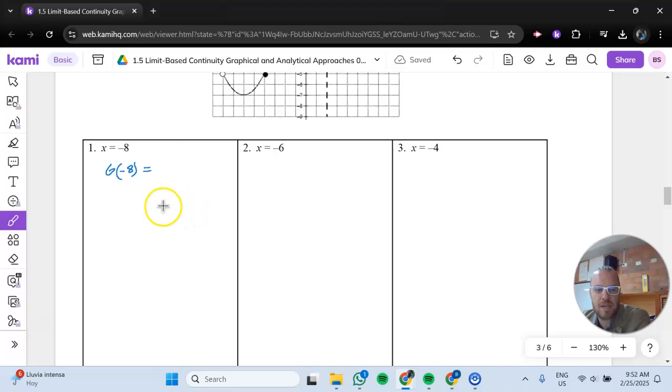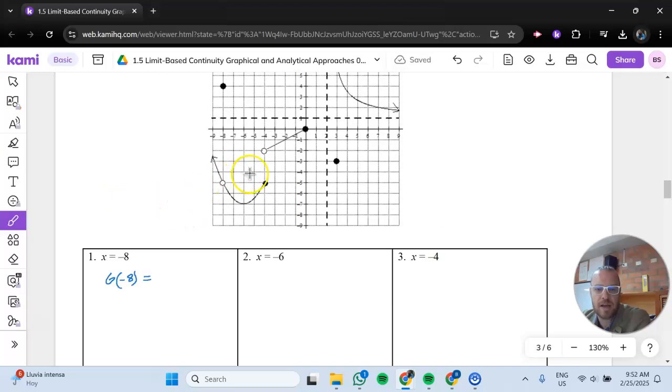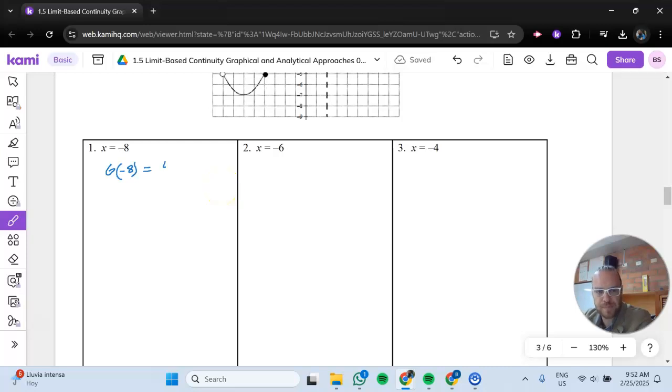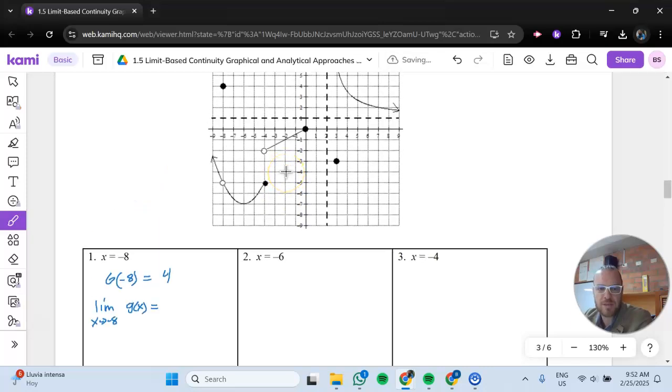So the first thing I have to do is the function needed to be defined. And at -8, it is defined, and it is 4. Then I needed the limit, the second point, as x approaches -8 of g of x to exist. And if we look up here, as we approach -8 from the left and right, it does exist, and it is -5.